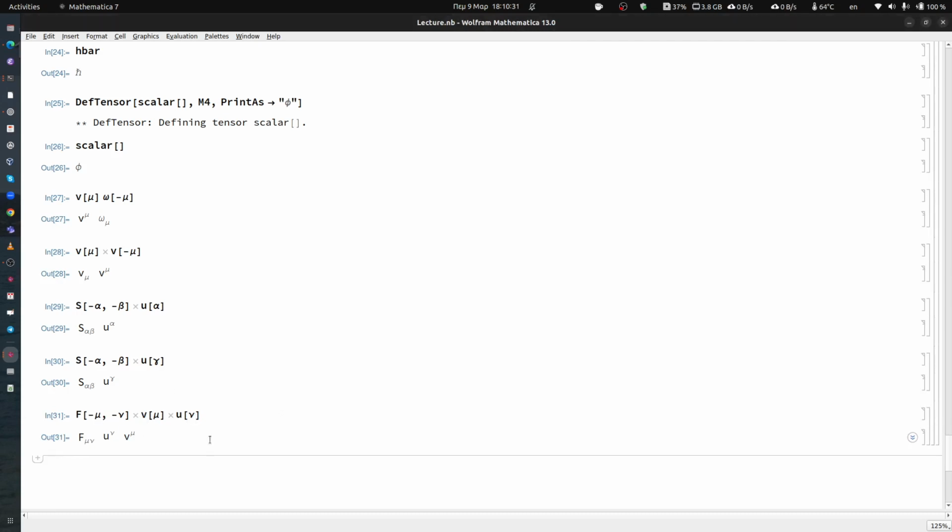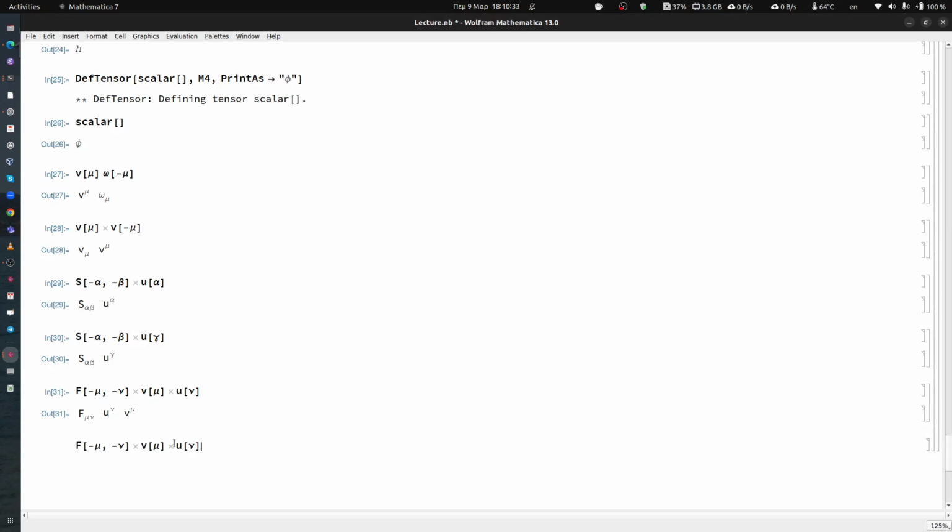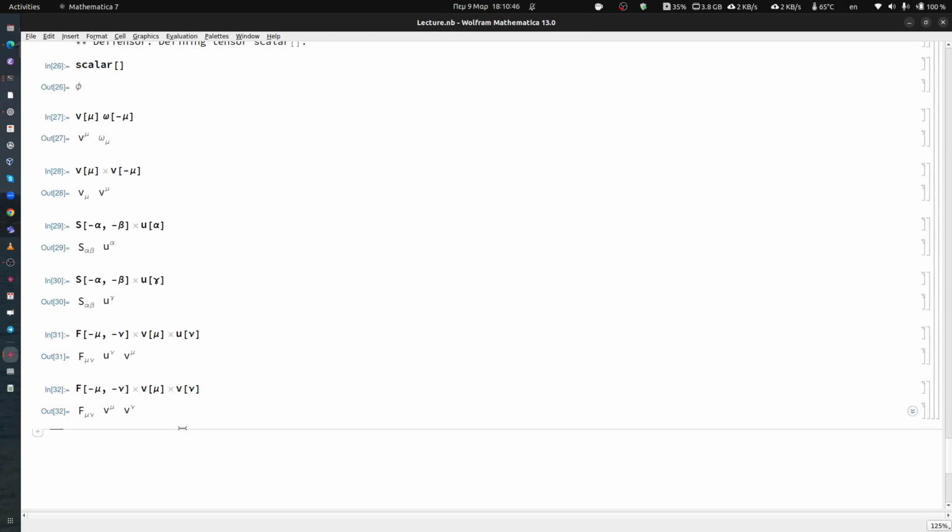Now let's do the same thing, but let's put here the vector v. You see we obtain this result with u replaced by v here, but you remember that when we defined F, we gave to those indices the property of being anti-symmetric.